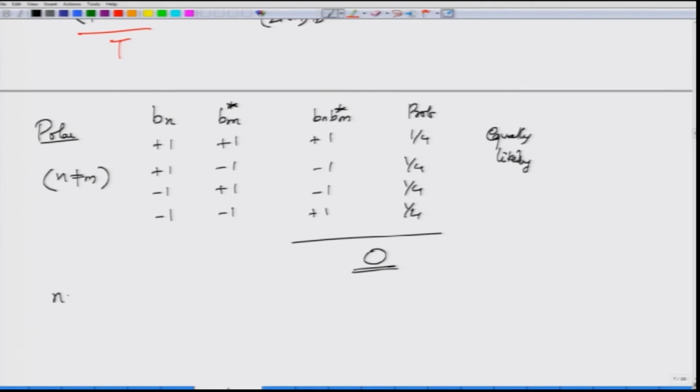What happens when n is equal to m? That is, on the nth time slot itself, what can happen? Well, then m is equal to n and you are looking at the magnitude of Bn square, and you are trying to average this. If Bn takes on +1, the magnitude square will be +1 square, which is +1. If Bn takes on -1, the magnitude square will also be +1 because it is -1 square.